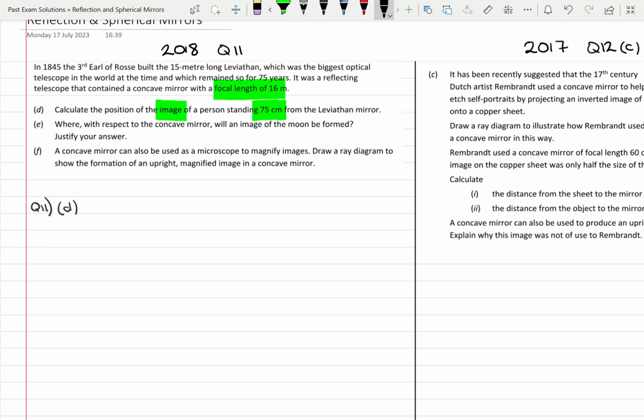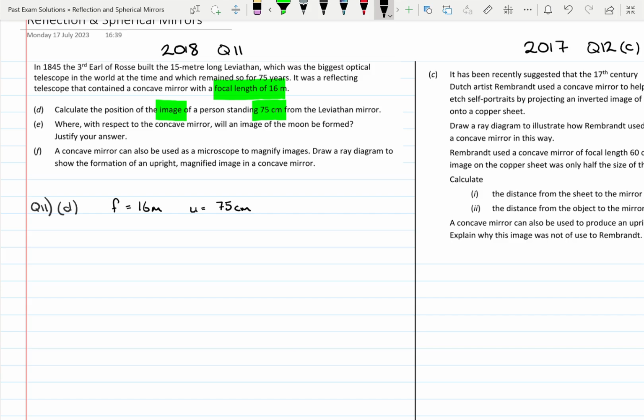The first thing I always say to all my students is write down all the information you're given in the question. So first up, we're going to write that the focal length is 16 meters. Second thing, our object, our person, is standing 75 centimeters in front of the mirror.